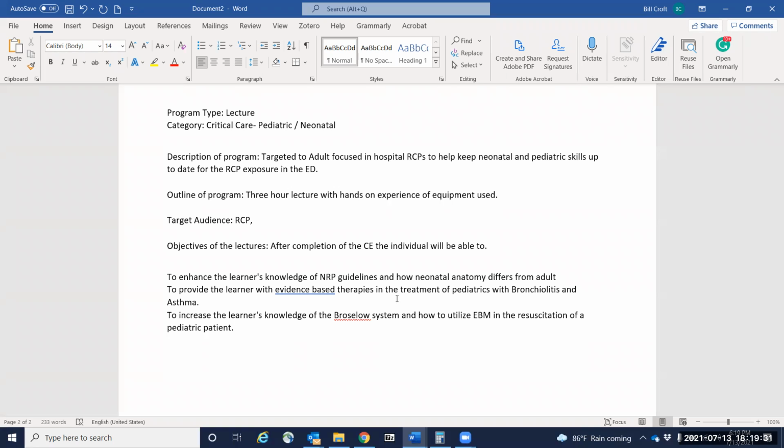Well, bronchiolitis and asthma aren't necessarily treated the same way. So again, I think that would need to be two separate objectives, unless it's just going to be on a medication. I don't know how many of you have ever treated bronchiolitis with racemic epi before, as opposed to other types of bronchodilators.